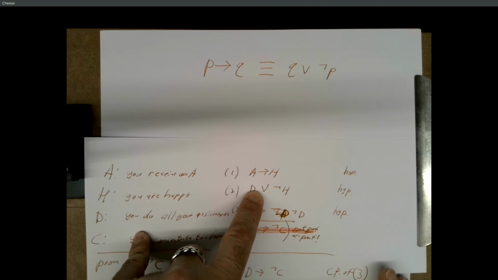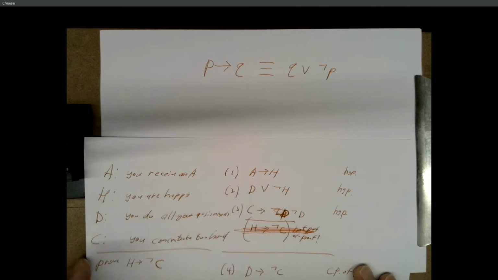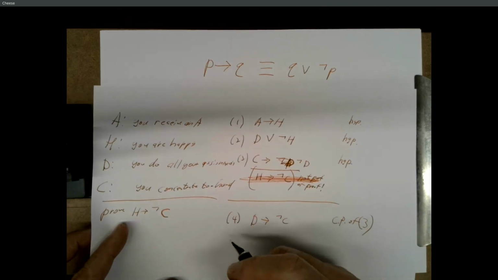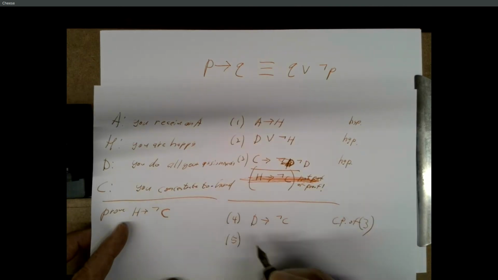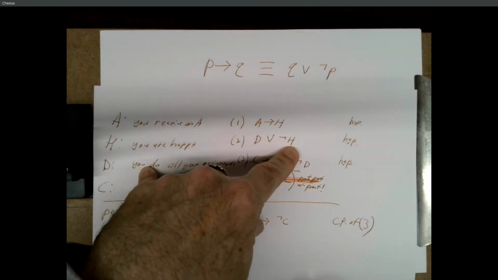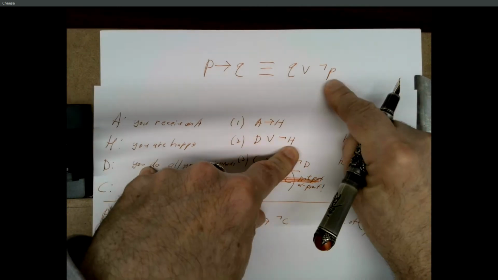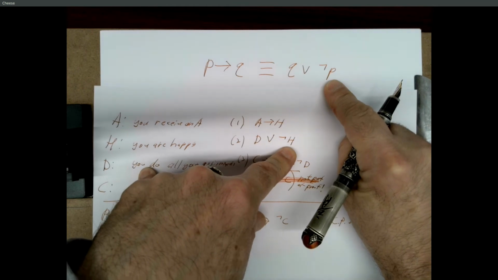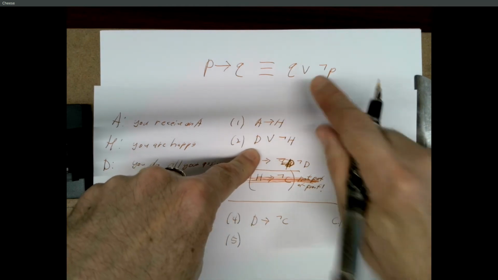We've got an or sitting out here. I suspect if we change that into an if-then, we might be able to do something. So D or not H should be the same thing as H implies D.